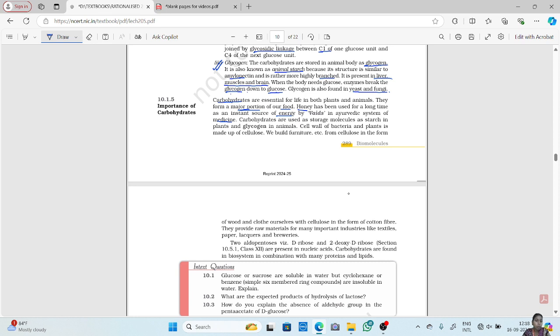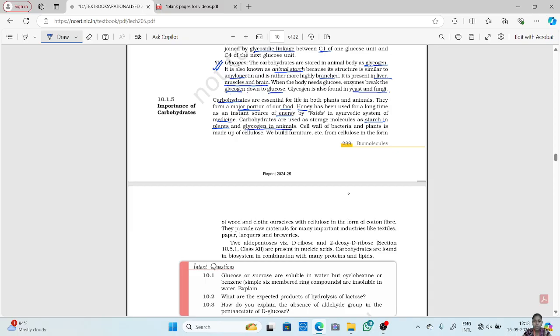Carbohydrates are used as storage molecules. For example, in plants it is starch, and in animals it is glycogen.